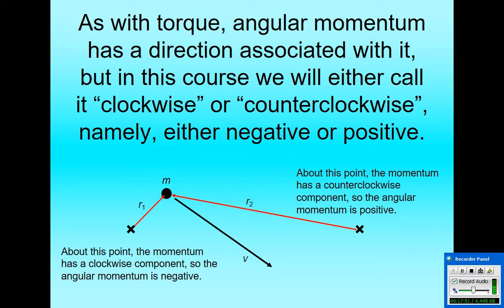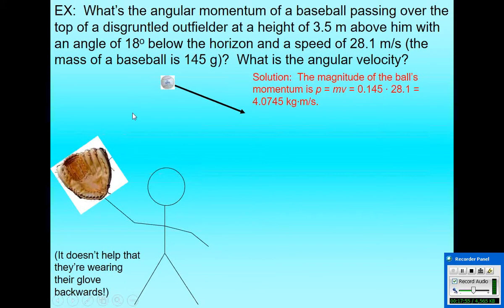It's not going to wreck the universe or anything like that. Here's the example, and it's October, so we've got to talk baseball. The situation in this problem is that the outfielder sees a ball high overhead sailing out of the park. The ball is 3.5 meters above the outfielder at a given instant.